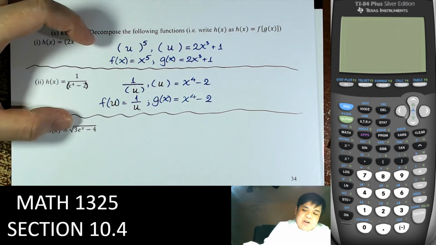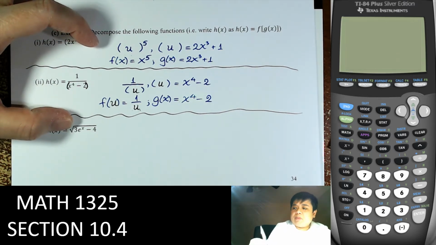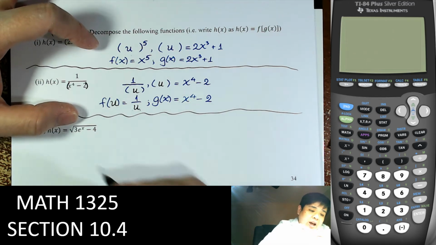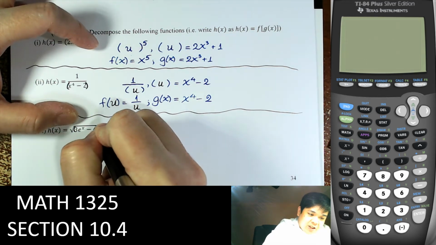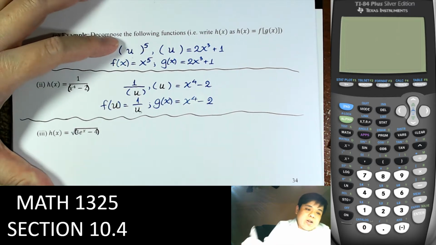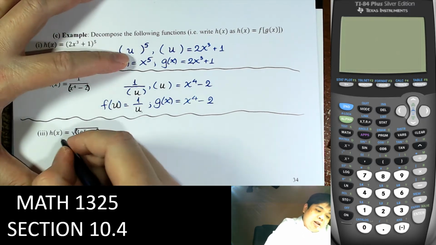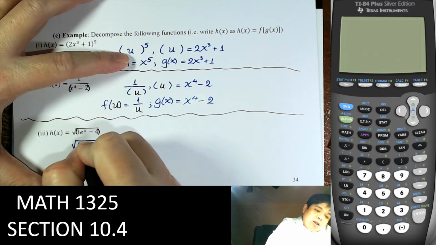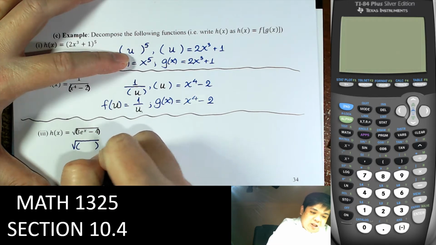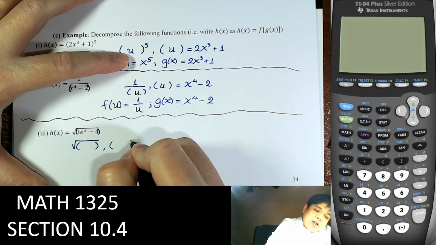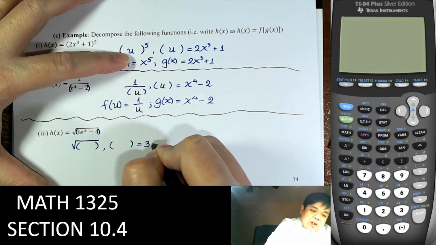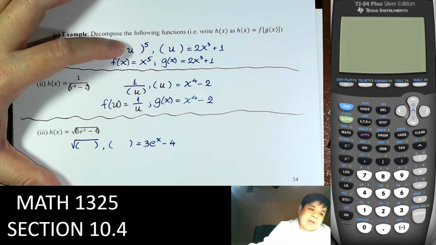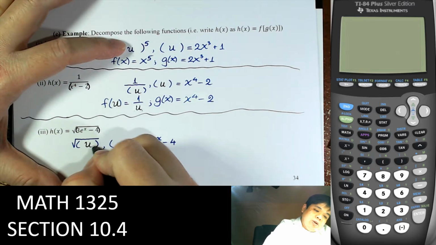Right, now here we can put the parentheses around the 3e to the x minus 4. So we'll have the square root of the parentheses, and the parentheses is equal to 3e to the x minus 4. And then we have u and u.